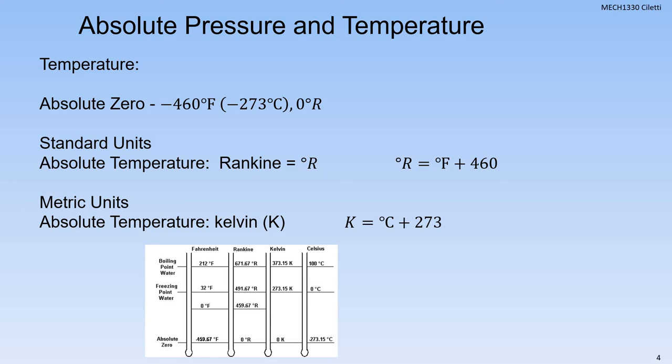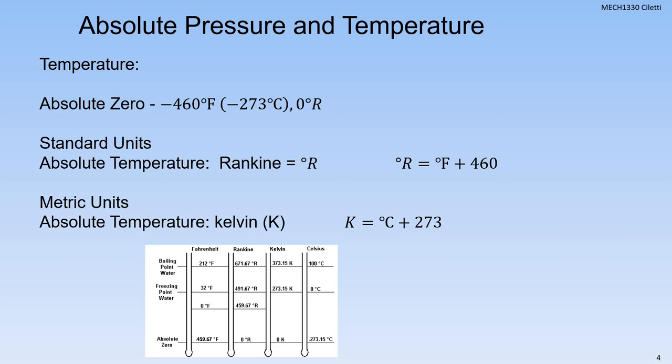Okay, now we touched on this briefly, I think way back in Chapter 1 when we started talking about temperatures. So absolute zero is minus 460 Fahrenheit, which is the same thing as negative 273 Celsius, which is 0 Rankine, okay? So Rankine is our imperial absolute scale. We have Rankine and Fahrenheit when we're talking imperial units and temperature-wise. So that's our absolute.